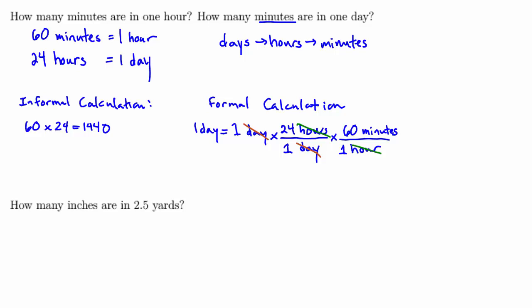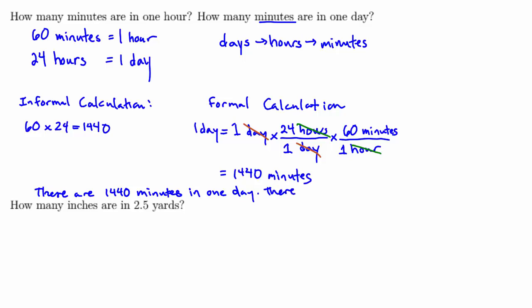And so what I'm left with then is 24 times 60, and my units are minutes. So I have 1,440 minutes. And if I were to summarize that, I would say there are 1,440 minutes in 1 day. And that first question we were asked, how many minutes are in 1 hour? There are 60 minutes in 1 hour. I'll make sure I answer that.